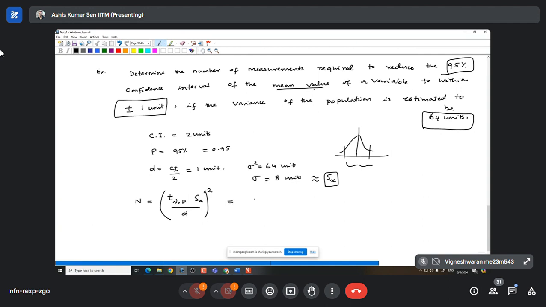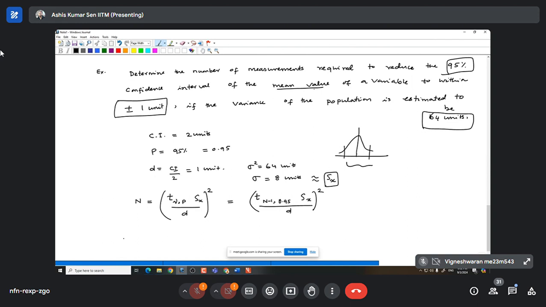So that is t of n minus 1, 0.95, times Sx, whole square.